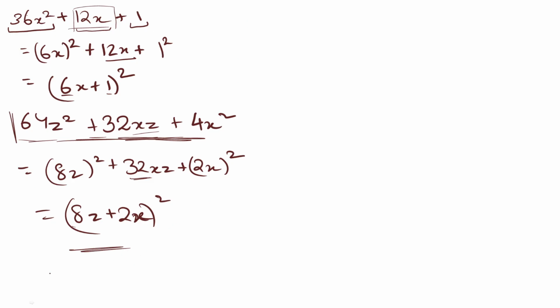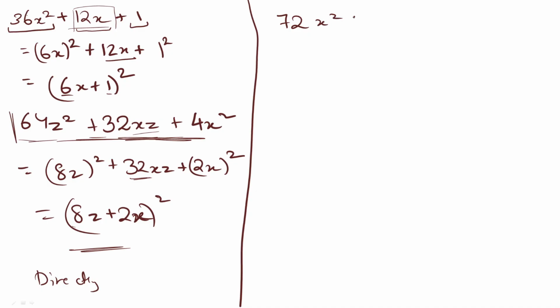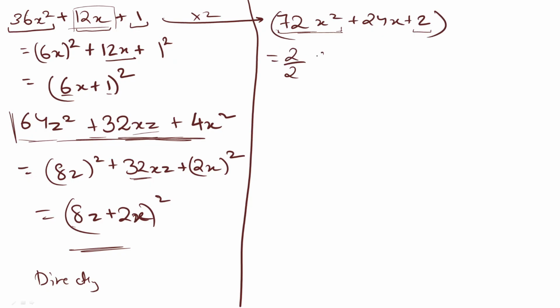But we are not always asked like this directly. We can also be asked something like 72x square plus 24x plus 2. Notice that this is just double of 36x square plus 12x plus 1, and you might think that we cannot factorize it, but we can factorize it further, even if you cannot see it. We can just multiply and divide this expression by 2.